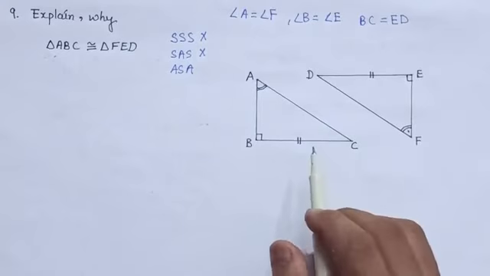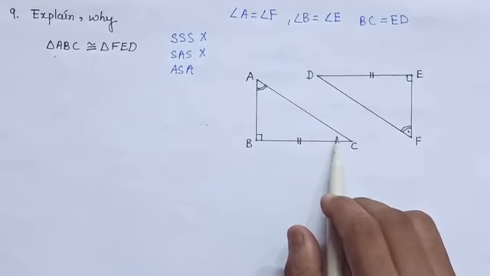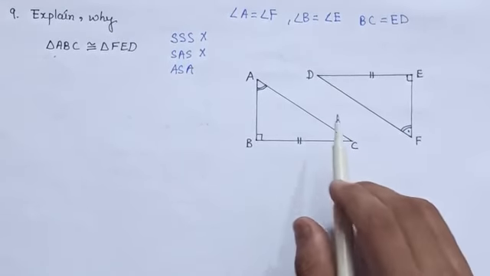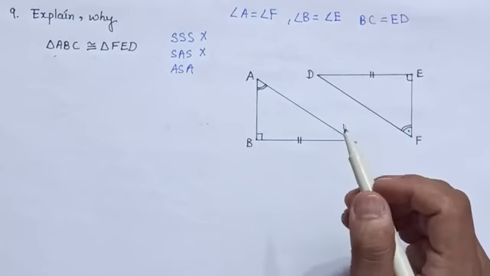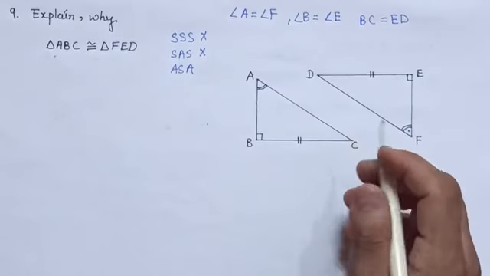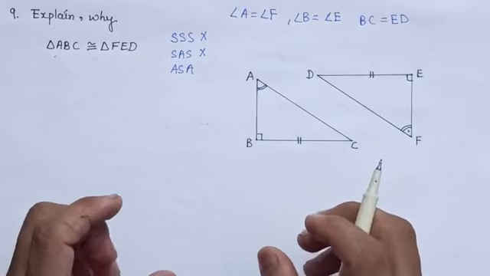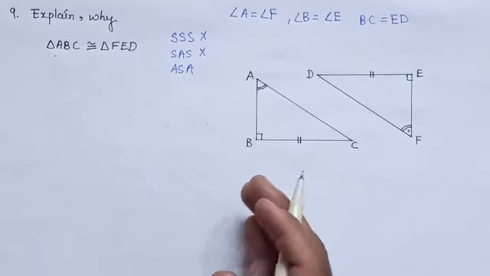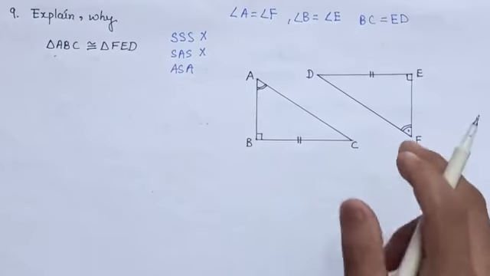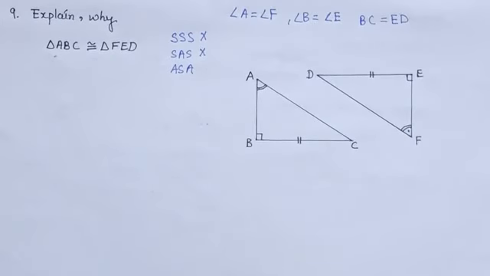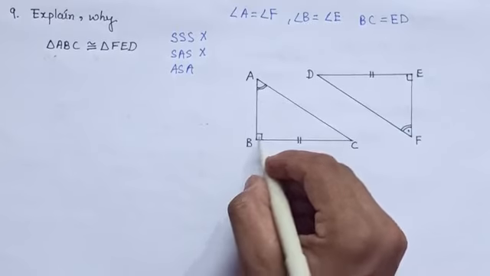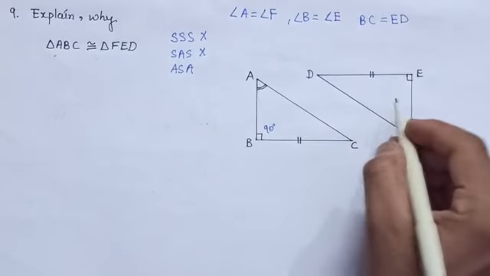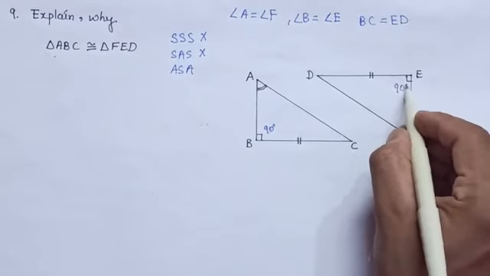So first let us find the angle C and angle D by using the angle sum property. You know by angle sum property, the sum of the three angles of a triangle is equal to 180 degrees. Now first let us apply the angle sum property in these two triangles and find the value of angle C. So here you can see that angle B measures 90 degrees and angle E also measures 90 degrees.